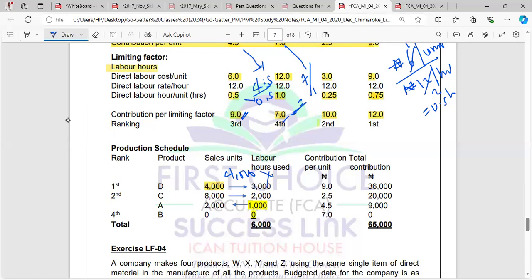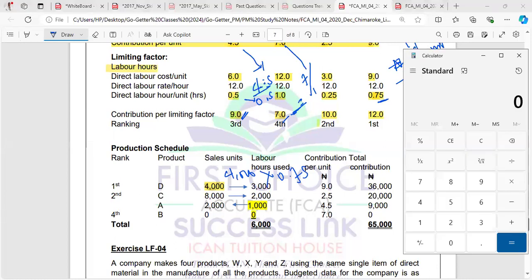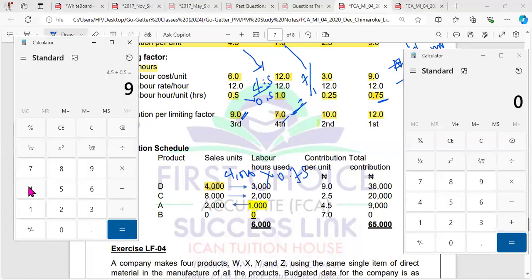So you say 4,000 multiplied by how many hours is going to be used here? How many hours per unit? This is the hours per unit here for D, 0.75. So what we did here, we say 4,000 times 0.75. That's what gave me that 3,000 here.